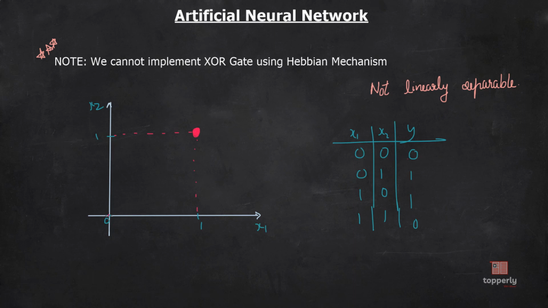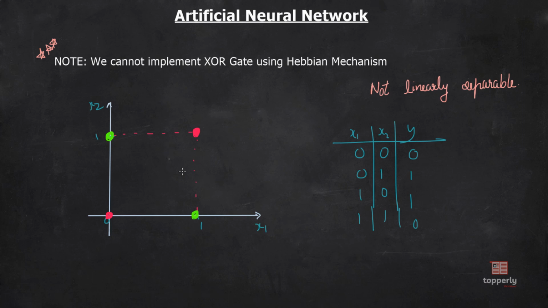Therefore this point is also red. Now let me use the green color to plot the outputs when it is 1. Therefore when it is 0 1, the output is 1, and when it is 1 0, the output is 1. Now you can see that there is no way to separate the ones and zeros using a single line, that is to separate the greens and reds using a single line.